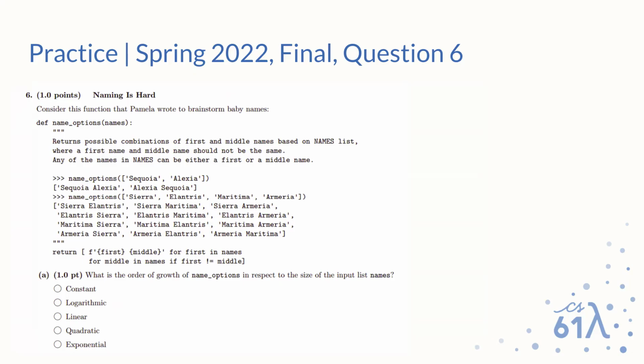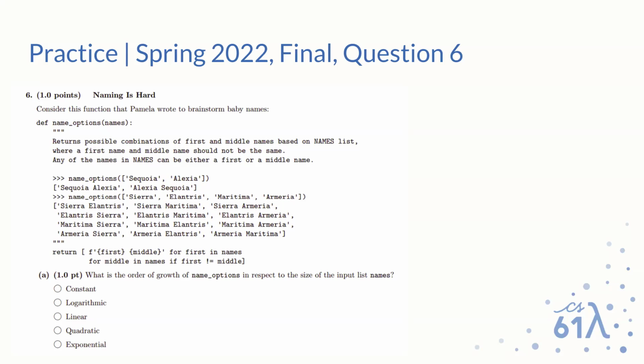What this function does is return possible combinations of first and middle name based on a names list, where a first name and middle name should not be the same. Any of the names can be either first or middle name. So she's going to pass in a list of names and wants to try every single combination.